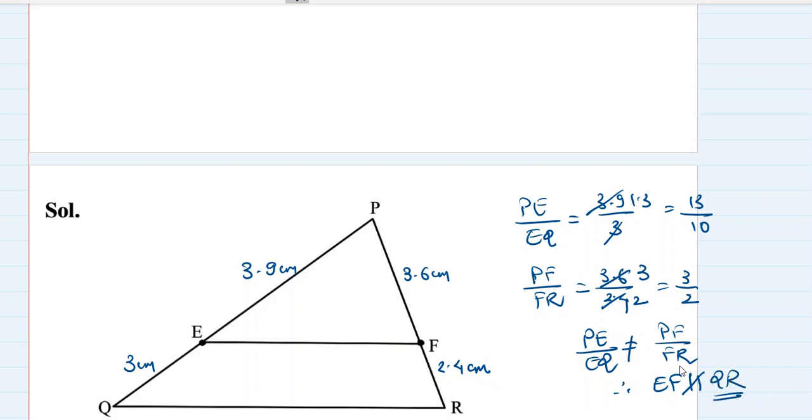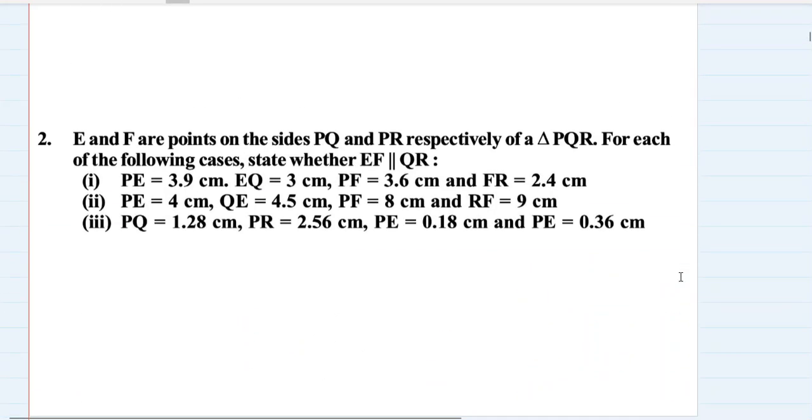So like this you can check whether a line is parallel to any other line or not. Now what I want from you guys, pause the video and try question number 2 and 3 yourself. They might be a little tricky, a little difficult, but I want you to try.